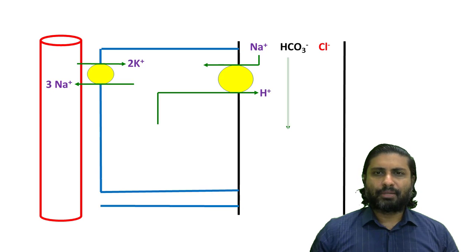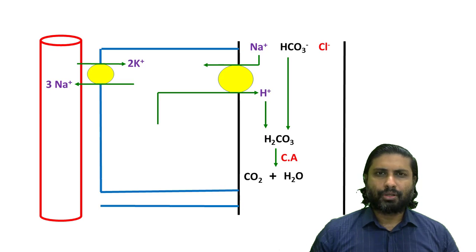Next we move on to bicarbonate. So bicarbonate combines with the H+, which has now reached the lumen, and forms carbonic acid. The carbonic acid thus formed decomposes, well, not really spontaneously, it decomposes in the presence of an enzyme, and that enzyme is carbonic anhydrase. So it decomposes into carbon dioxide and water. And since carbon dioxide is extremely lipid soluble, it easily diffuses into the cell.